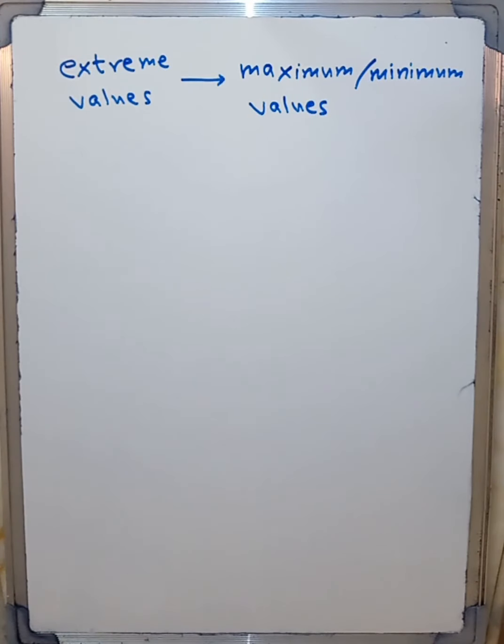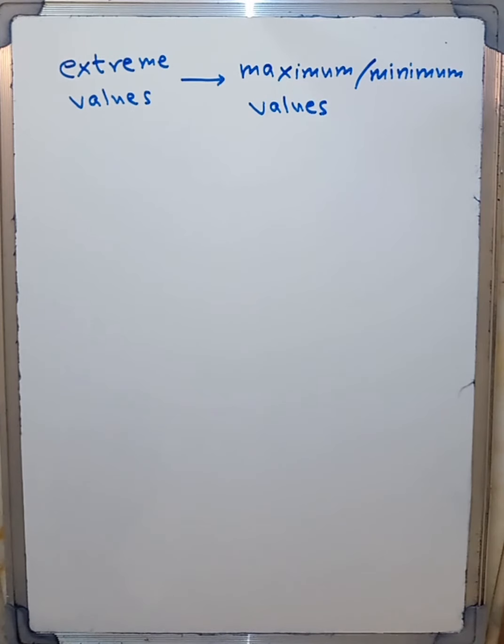So if the question says to find the extreme values of the given function, it means we have to find the maximum values of that function and also the minimum values of that function. So extreme value is a common word which covers the maximum value and also the minimum value.